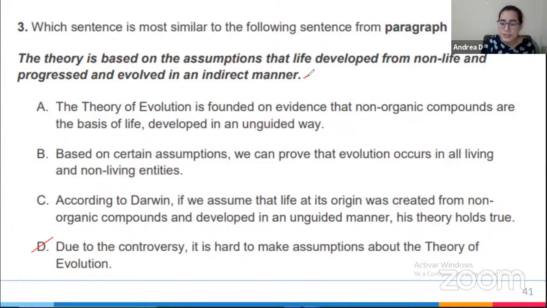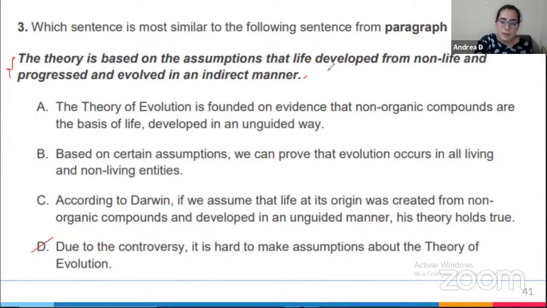So option D, due to the controversy. So first of all, what controversy are we talking about? It is hard to make assumptions about the theory of evolution. So that's definitely not a good paraphrase of this, is it? One more thing. When you're reading your sentence, make sure you catch the main idea of the sentence. It's usually the most important part.